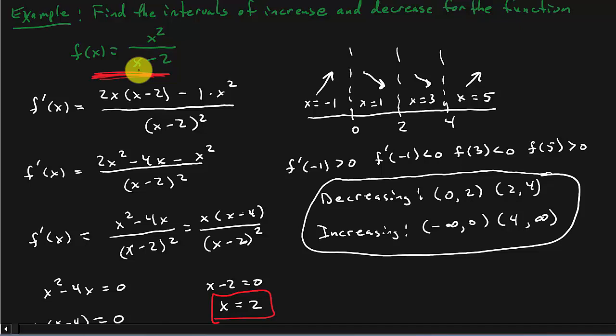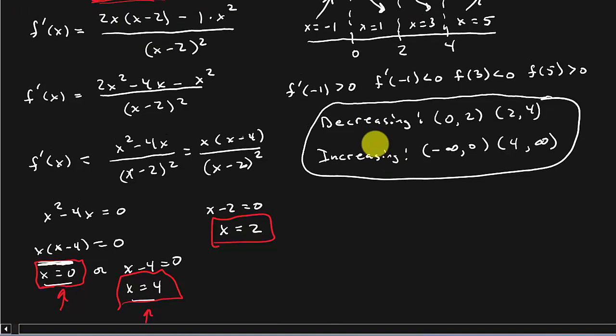It's not in the domain of the original function, so it's not called a critical number. Okay, so that's what that's saying. But in order to determine increasing and decreasing, you want to find all these points. It's just that x equals 2 is not a critical number.